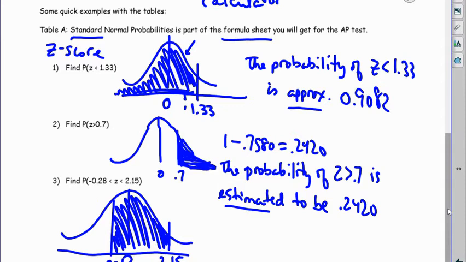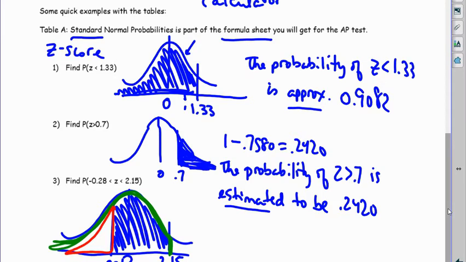Okay, so what I would say would be the thing to do would be if I could find this area. That would have been the area for the 2.15. If I could find that area and then subtract this area, then the difference would be what I'm actually interested in.